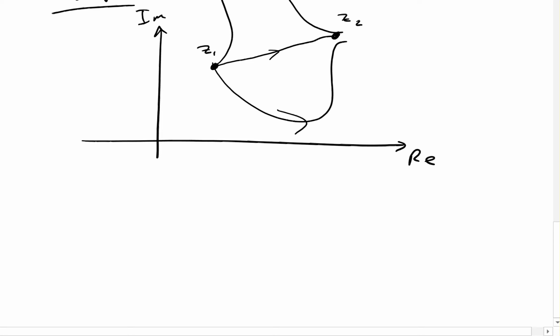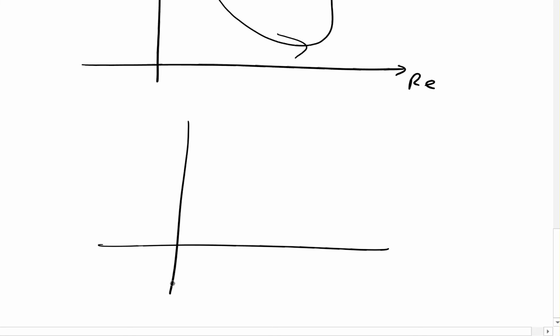let me just rewrite this out again. Let's say that this is A, and this is B. These are just two points in the complex plane this time. It's not the real plane, it's the complex plane. This is real, and this is imaginary.